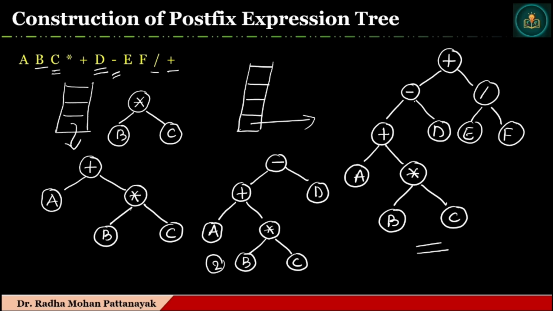While designing, you must ensure that the top element becomes the right side of the parent and the second top becomes the left side of the parent. Continue this procedure until the end of the postfix expression. Once all the characters are completed, whatever final tree you have is your postfix expression tree.